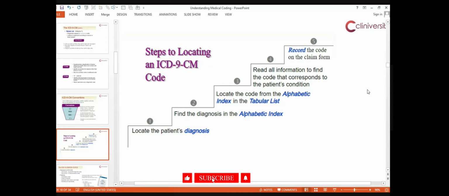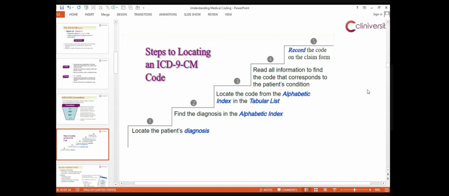Now locate the code from the alphabetic index in the tabular list. Inside that tabular list, read all the information to find the code that corresponds exactly to the patient's condition, what the coder has located under the patient's diagnosis.